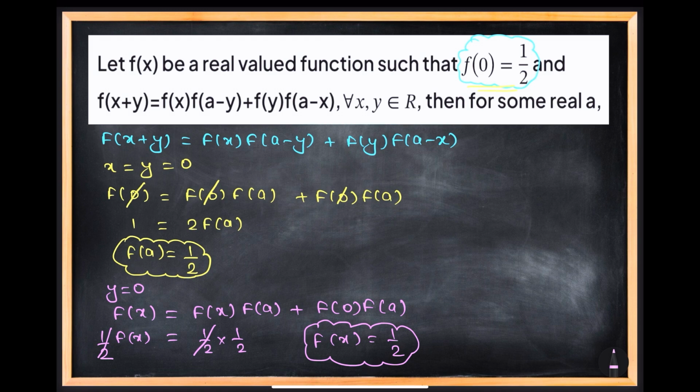Now what are the comments you can pass on this function? Now just look at this. What do you think this function is, one-one or many-one? It's a many-one function, no? At so many inputs you will get the same output, that is 1 by 2. Now what do you think, is this function periodic or not? Yes, it is periodic.